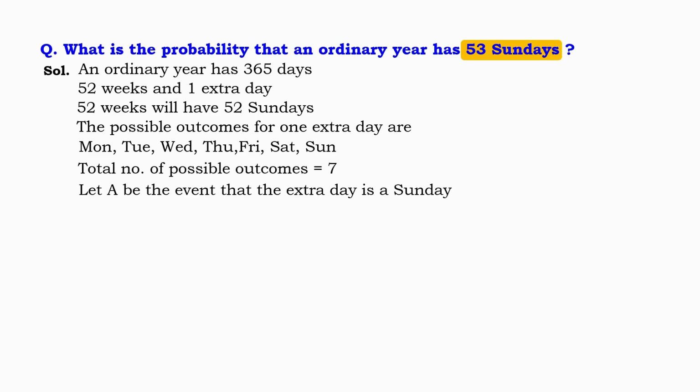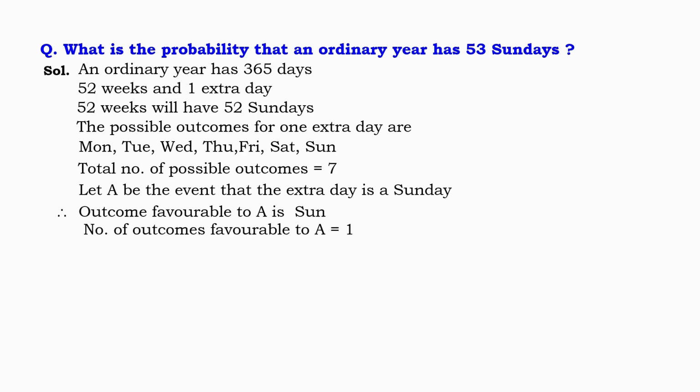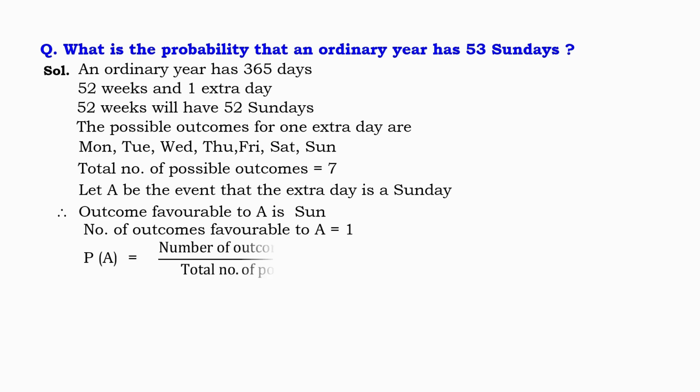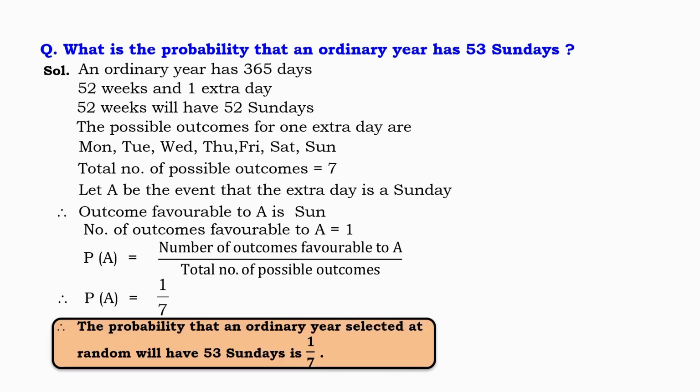Now let A be the event that the extra day is a Sunday. The outcome favorable to A is Sunday, so the number of outcomes favorable to A is equal to 1, because there is only one Sunday. The probability of event A is the number of outcomes favorable to A divided by the total number of possible outcomes, that is equal to 1 by 7.